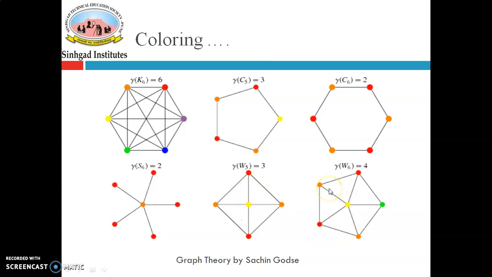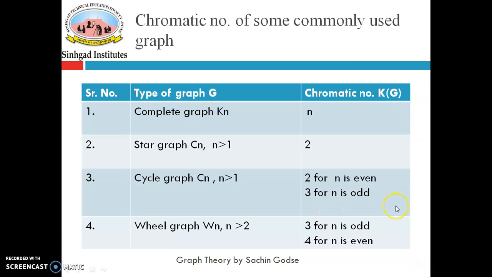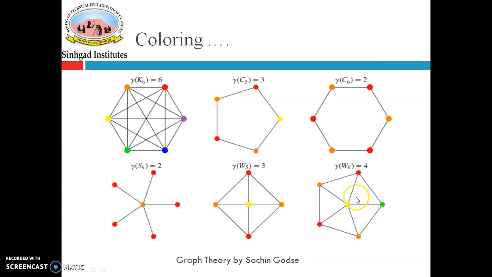And in the case of a wheel where the number of vertices is even, in this case it is 6, it requires 4 colors if n is even. So you can see that we require 4 different colors to properly color this graph.